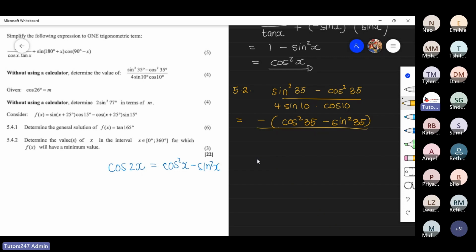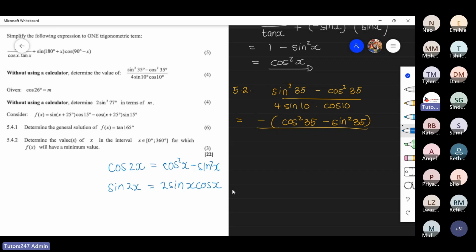Let us now have a look at the bottom, our denominator section. That also looks quite familiar. If you go to your formula sheet and you look at the double angle formula of sine, it looks like this. But we have 4 instead of 2.